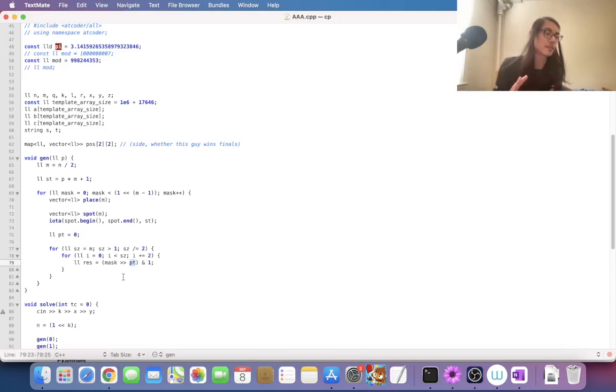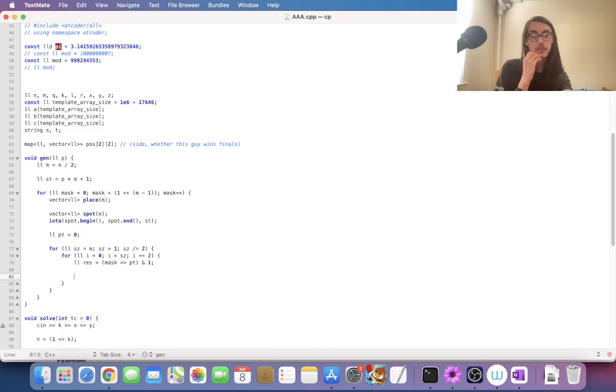So we shift it pointer times so that the bit at position pointer is to the right, and then we AND it with 1 so that we only get that bit. It's better explained visually, but you can try and work it out for yourself, or maybe I can explain it later, but not right now.